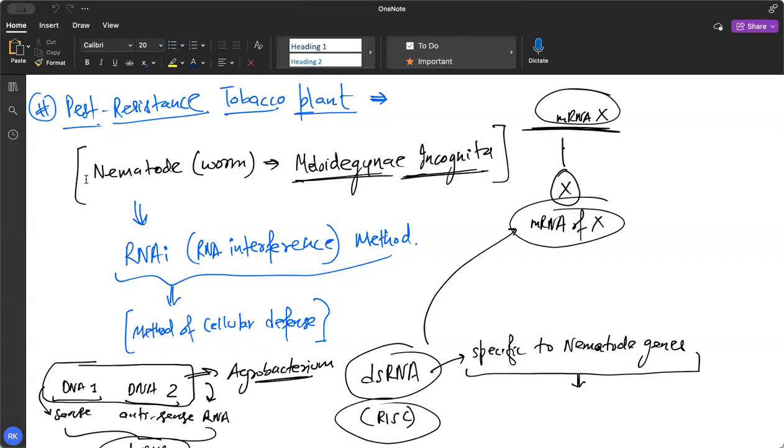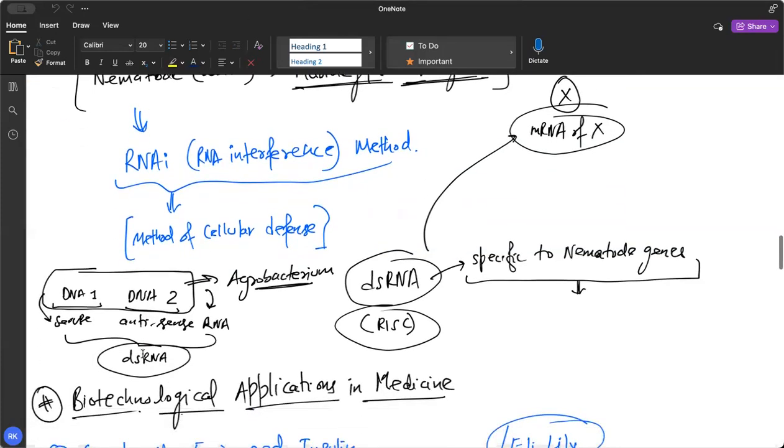But for these infections to happen in a systematic manner, the worm has to go inside, sit inside the cells and the tissues, and replicate and divide. So instead of targeting the toxin that it is producing, what if I target a gene which is very, very important for the nematode's own growth, development and multiplication?